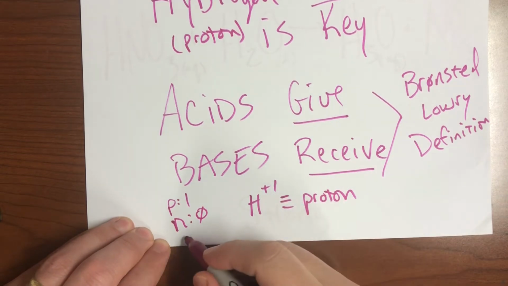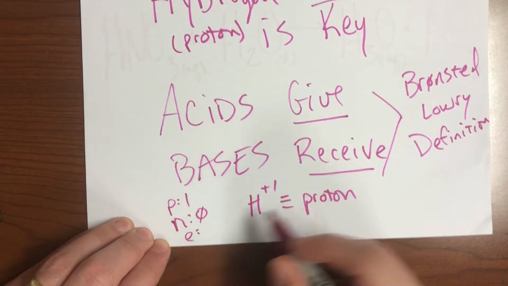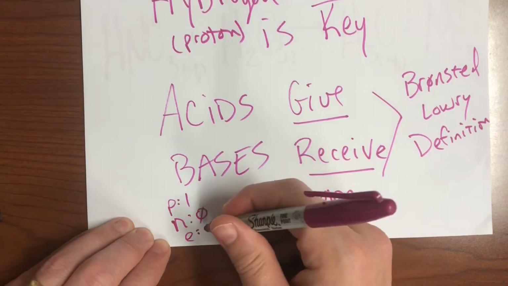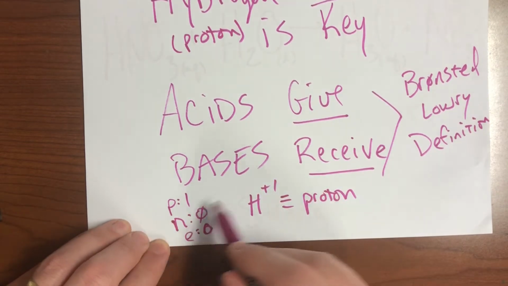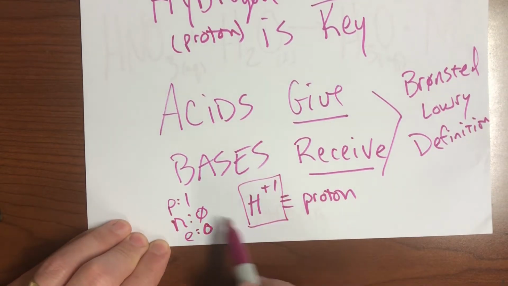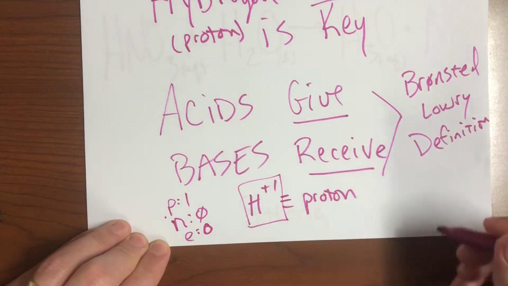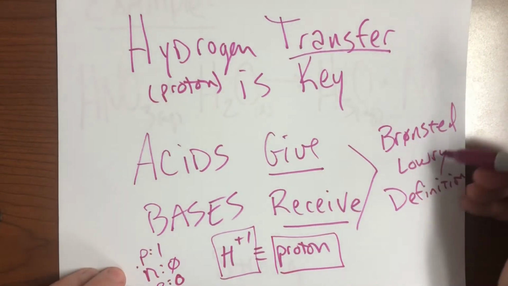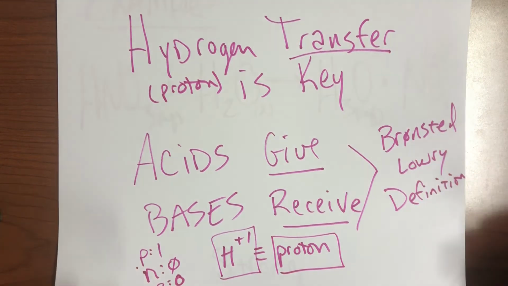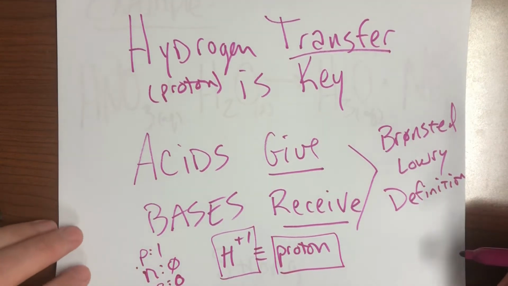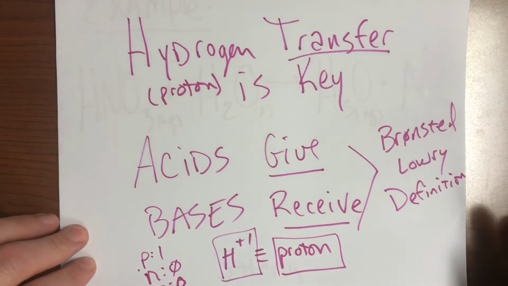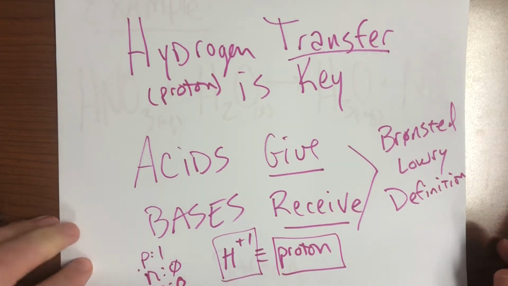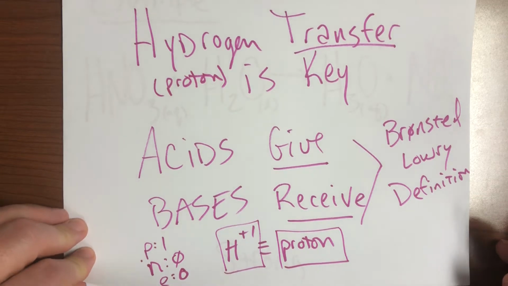And since it's ionized, that one electron that it would normally have is not there. So a hydrogen ion and a proton are the same thing. So you'll see the Bronsted-Lowry definition will mention proton donors and proton acceptors. Bases are proton acceptors. And that's not different from hydrogen, it's just another way of saying hydrogen ion.